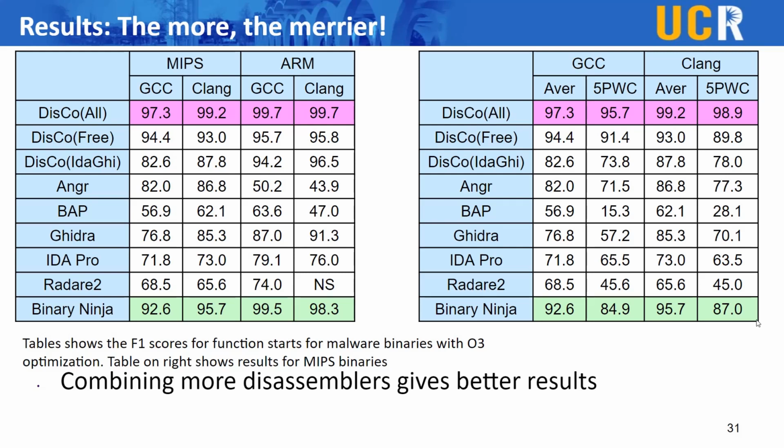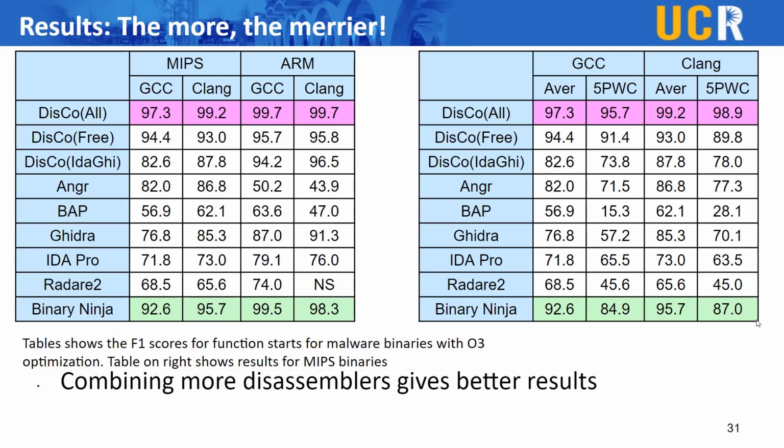And even when you compare it with Binary Ninja, which seems to do the best among the other disassemblers, DisCo All provides a significant improvement of up to around 11%, especially for 5 PWC performance. So what we want to say here is that DisCo All can still outperform the other disassemblers, not only for the average scores but also for 5 PWC.